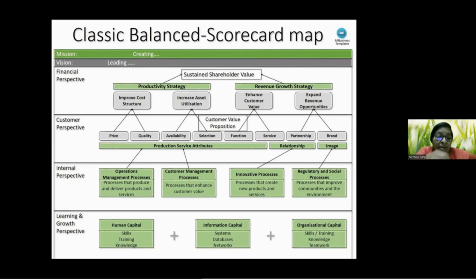So once we have identified, can we actually then have targets and measures and indicators so that I can actually measure to the extent I have achieved the targets? Is it possible or not possible? So first of all, what have I spoken about from the learn and growth perspective?